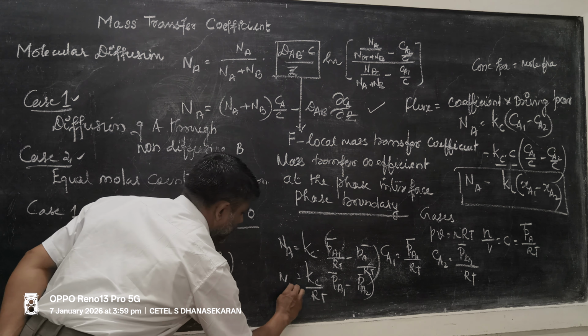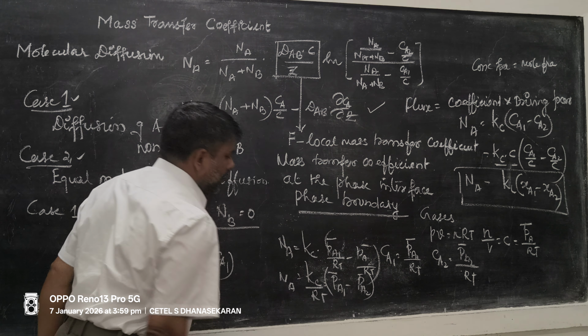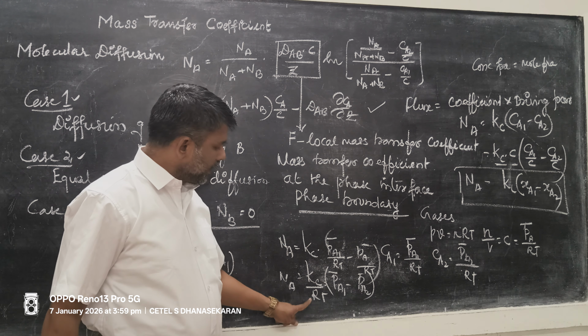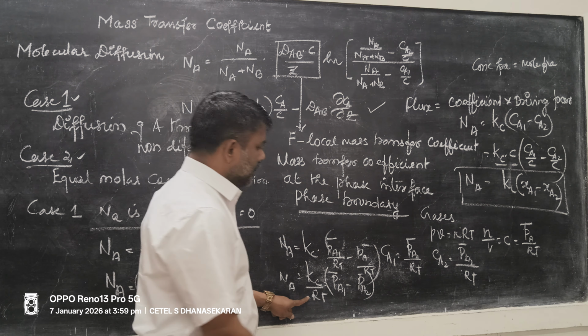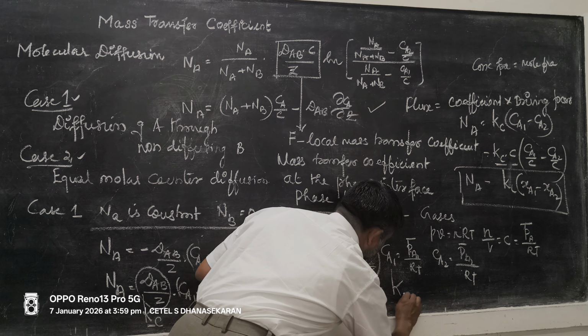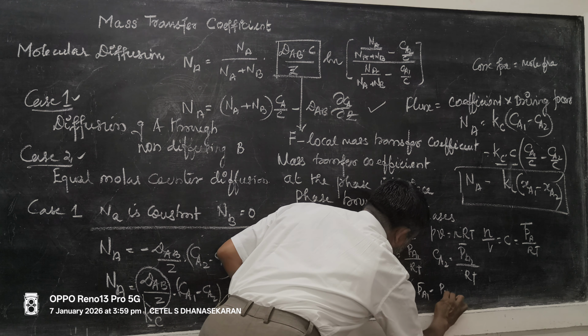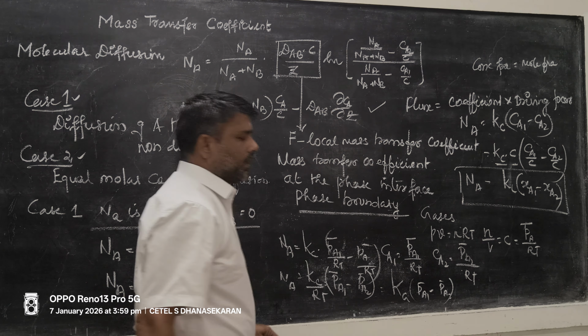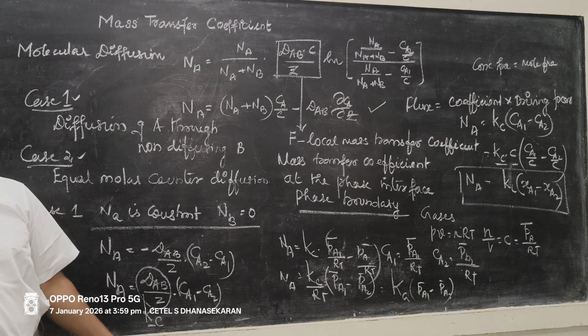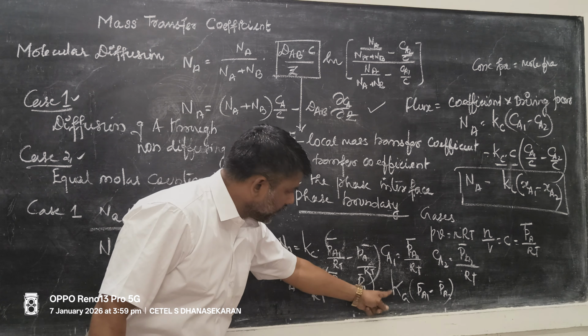So flux NA is equal to Kc divided by RT, which is represented in terms of Kg: Kg into PA1 bar minus PA2 bar. This is another form of equation to estimate the mass transfer coefficient in gases.